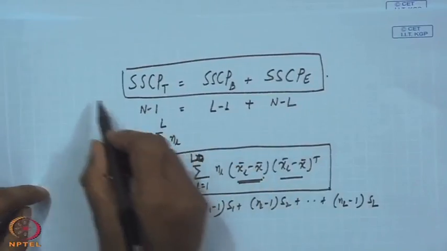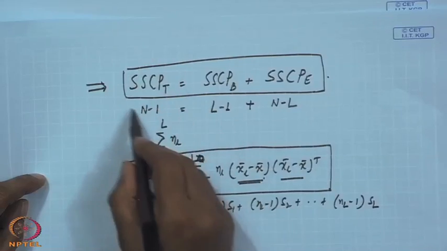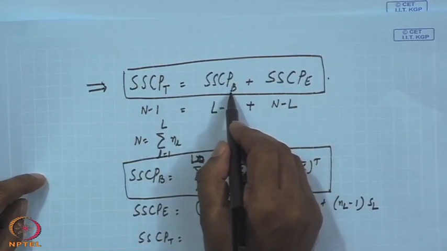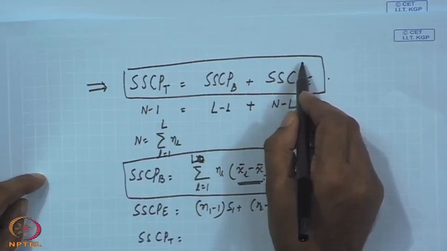Okay. So far what we have discussed, if I recapitulate again, this is the computation part we are considering: in one way MANOVA, the SSCP total is decomposed into SSCP between populations and SSCP error.